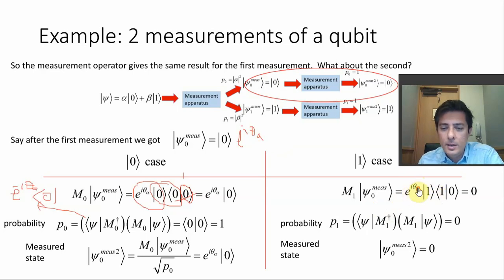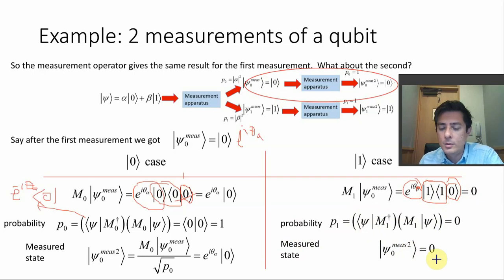So this e to the i theta times the measurement operator for 1, which is |1><1|. This is the measurement operator part, that's M1. Here's the state, which I've just pulled out the front. So our inner product of 1 and 0 is 0. So this whole thing is just 0. And the probability is 0, and then the conjugate vector of 0 is just 0, so 0 times 0 is 0.